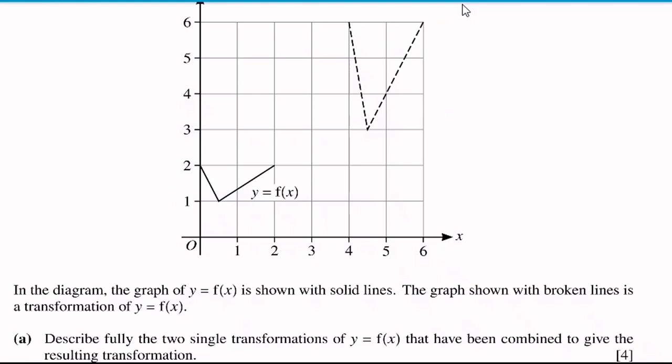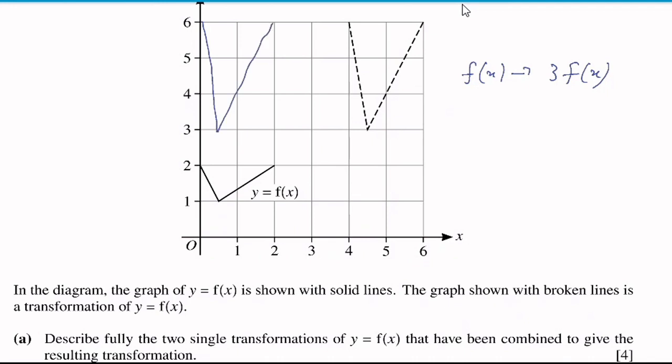Originally it was 1, 2. If we stretch in the y direction, it means if we do this step, our f(x) becomes 3 times f(x). So this is a stretch in the y direction. So the 1, 2 will become 3, 6. So this is what we get for the first step here.